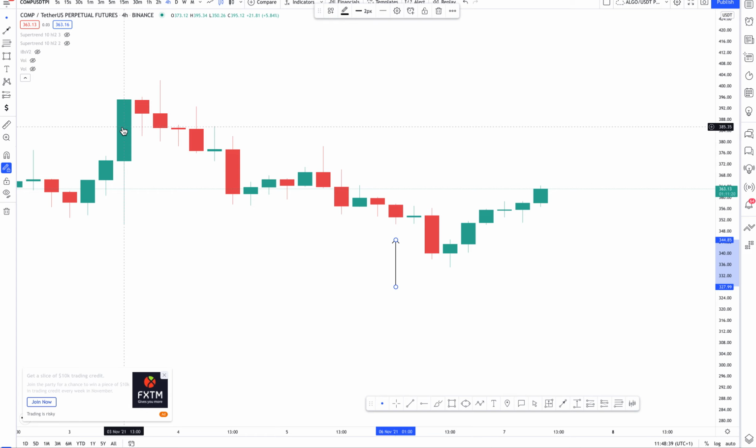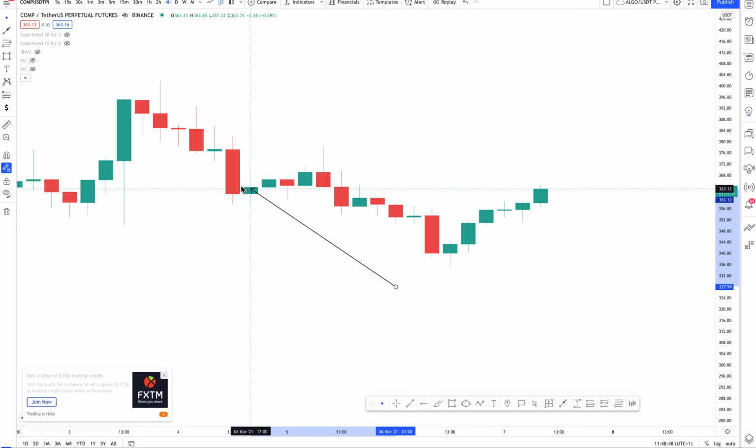If this is a 1 day chart, each individual candle represents 24 hours.